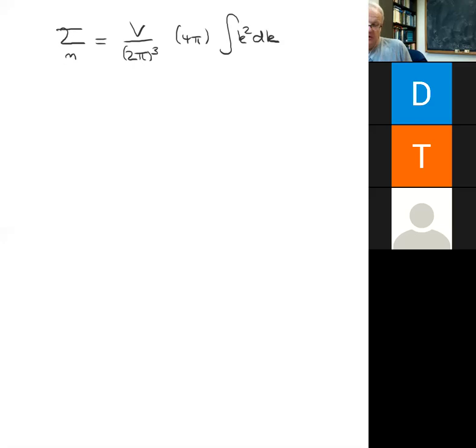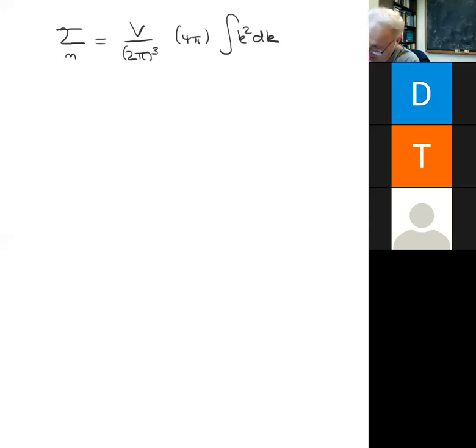The next trick, which is also not absolutely necessary, since the Bose and Fermi distributions are usually written in terms of energy, not momentum, is to switch variables from k to epsilon.